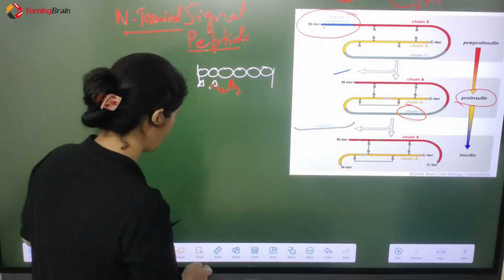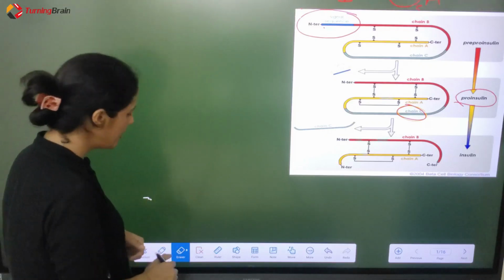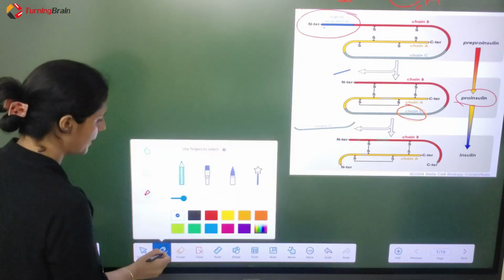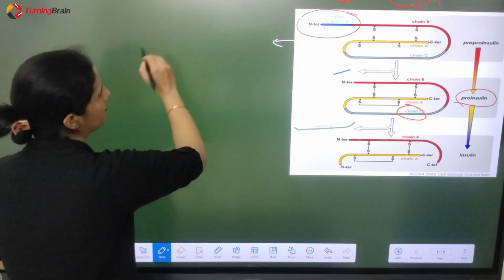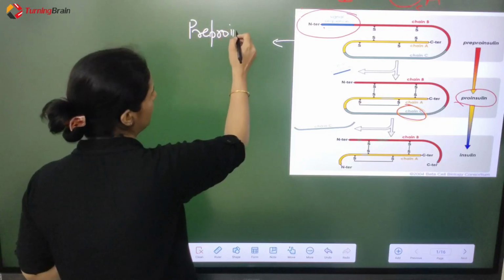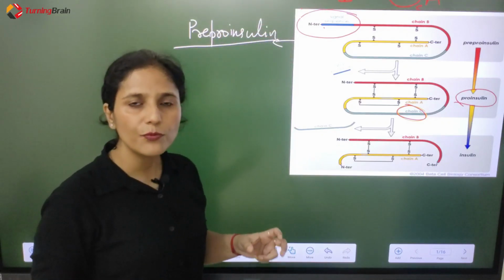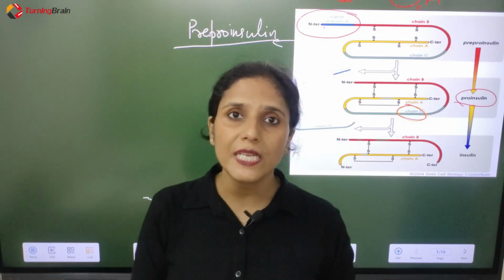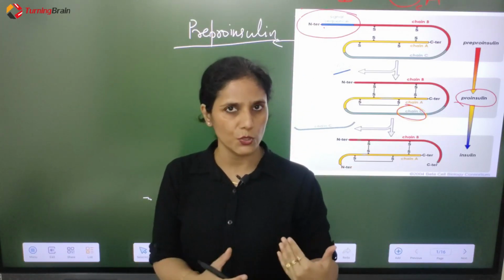Now what is the importance of this? During synthesis of insulin, initially this structure is made, pre-proinsulin. So the initial molecule of the synthesis of insulin is pre-proinsulin. Pre and pro, you have to add the two words before insulin.